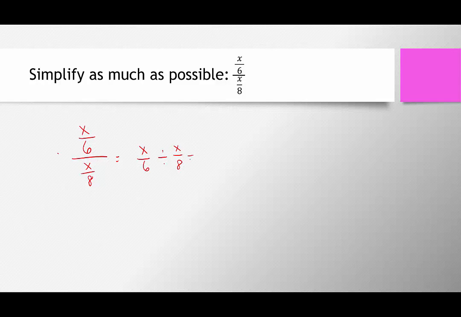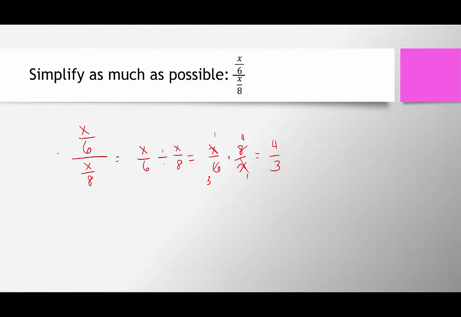We can rewrite by using the property that says it's the same as multiplying by the reciprocal of the divisor. Once it's written as multiplication, only at this point can we look to simplify. So I can simplify the x's, and I can simplify the 6 and the 8 because they both have a common factor of 2. And now once I've done that, I can multiply straight across, giving me 4/3.